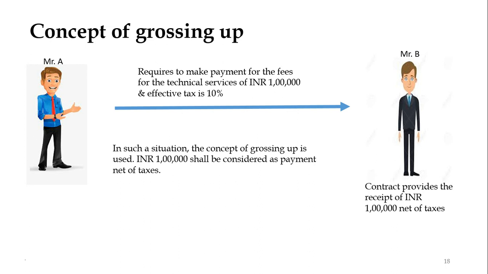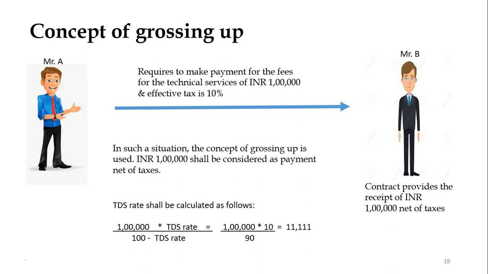So how are we going to calculate the amount? Let's see. In that situation, TDS shall be calculated on the amount of payment, that is 1 lakh rupees. This 1 lakh rupees is net of taxes, means that amount is 90%, that is 100% minus the 10% TDS rate. So that amount of 1 lakh rupees is the 90% amount.